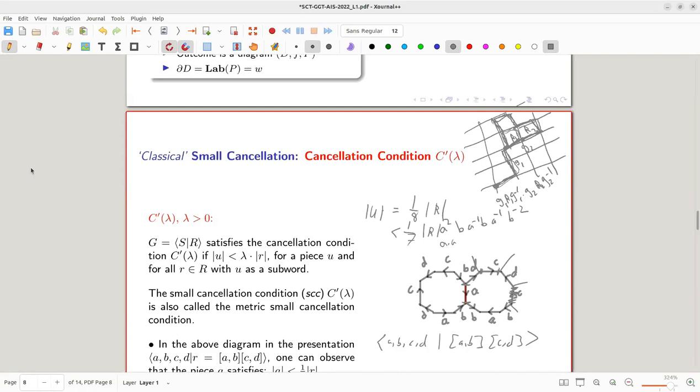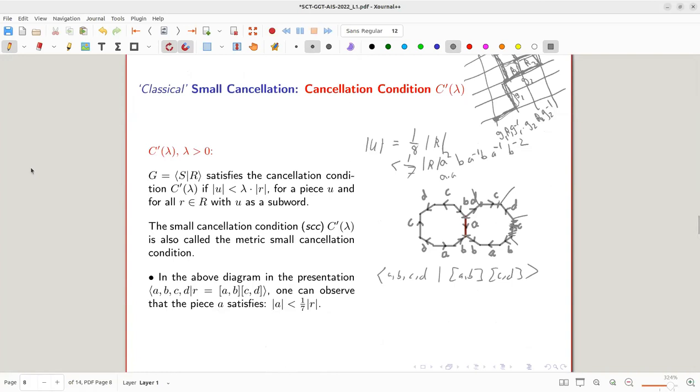We can see that this is a 1/7 group, that is, this group satisfies C prime 1/7. It is of course not necessary to take lambda to be 1 upon a positive integer, you can say anything greater than 1/8 will suffice here, but we are considering the integer 7, so it's a C prime 1/7 group.